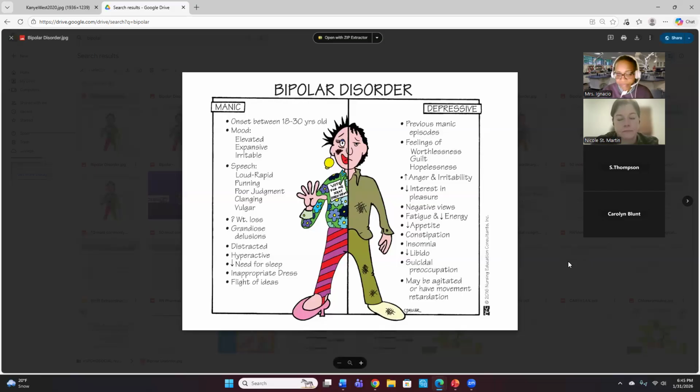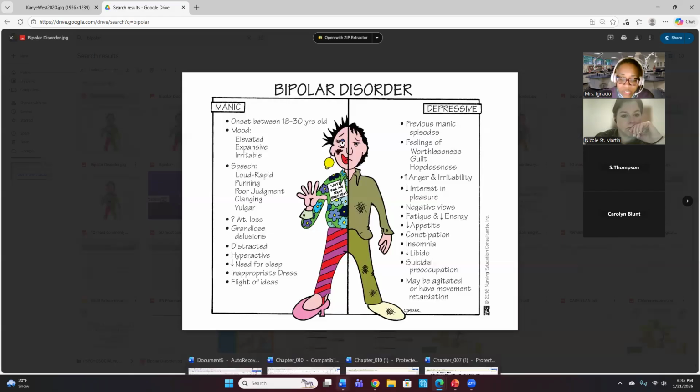I'm afraid of their nutritional status, and I'm afraid of cardiovascular collapse. We had a patient one time, the nursing students, that was in the manic phase, and he could not sit still long enough for them to get his vital signs. So I know we always say don't let patients nap during the day, but if you have a manic patient that is taking a nap during the day, if you see it in a question, let this patient sleep because we are afraid of cardiovascular collapse for this patient.